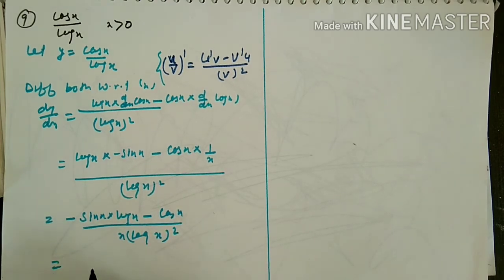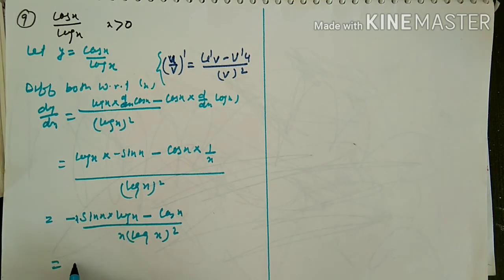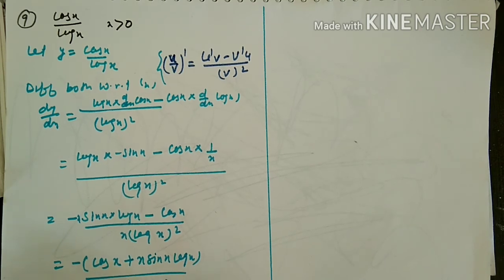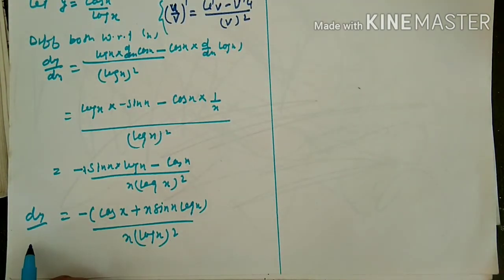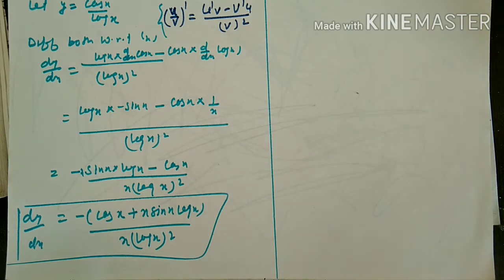So we can take minus common, x is also there, so minus, taking outside, cos x plus x sin x log x upon x log x whole square, that is our dy upon dx. Clear? This is our dy upon dx.